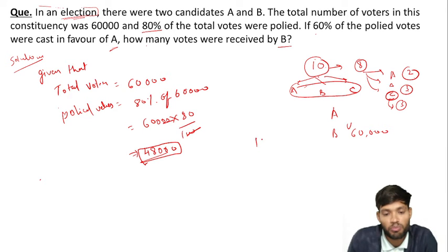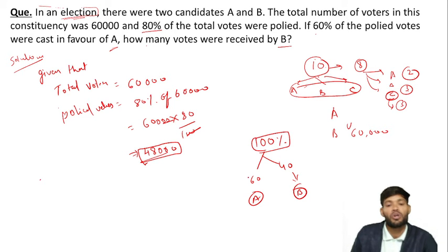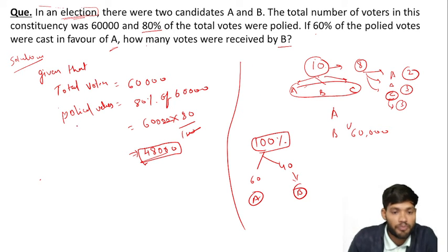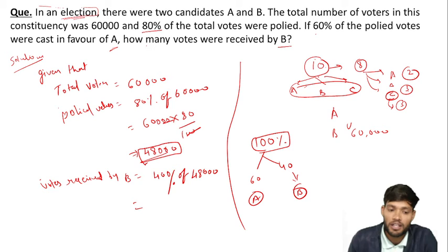Total number of polled votes is equal to 100%, from which 60% is in favor of A. So the remaining 40% will be cast in favor of B. So now we have to calculate the votes received by B. Votes received by B is equal to 40% of 48,000. Is it clear?